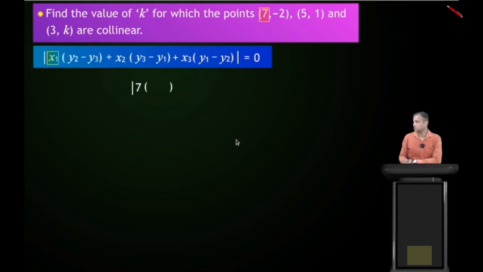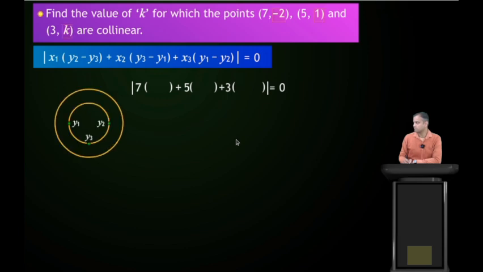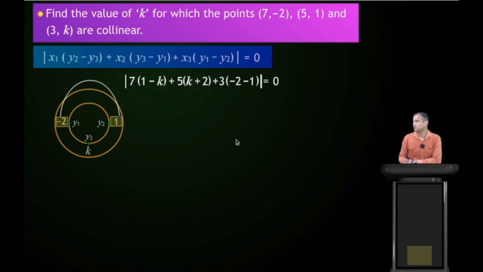So put the values here: 7, 5, 3, then y2 minus y3 is 1 minus k, then k plus 2 because minus minus is plus, then minus 2 minus 1.